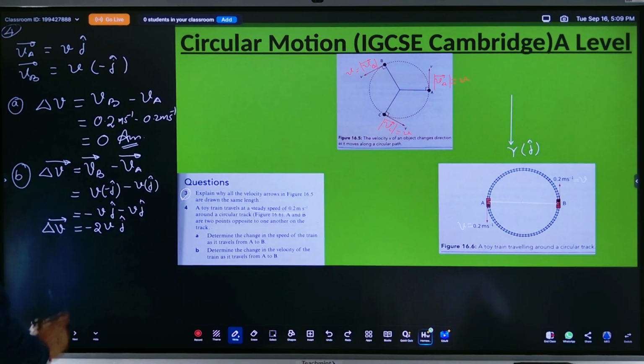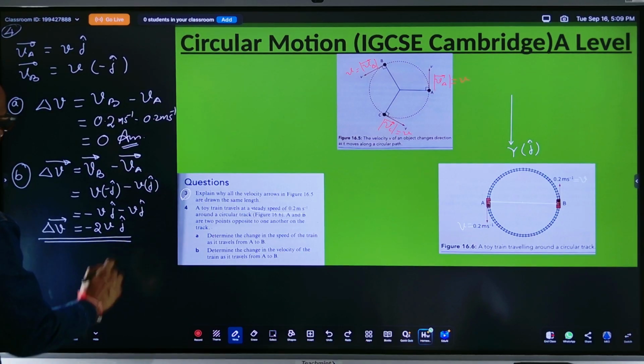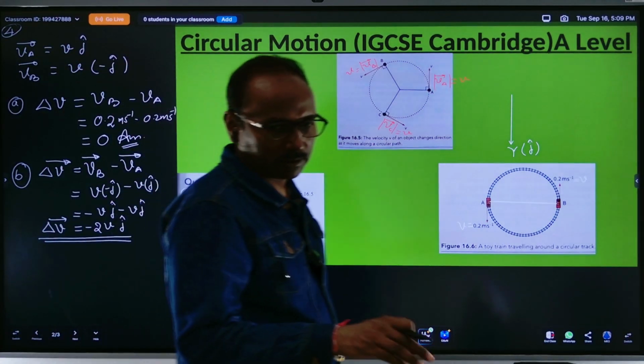The change in velocity will be minus 2V j cap.